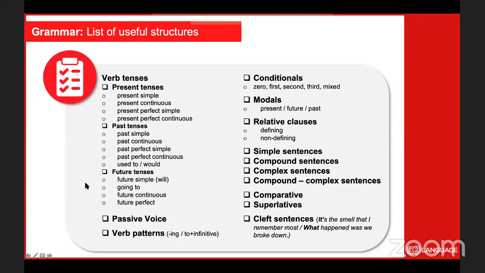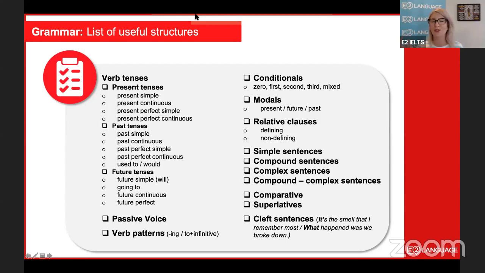So today, if you record yourself speaking, when you listen back, I want you to just think about, did I use all of these tenses? Did I use present continuous? Did I use some present perfect? Did I use past perfect continuous? Now, of course, in a 2-minute speech, you're not going to use all of these, but it's just a good way to prepare for your test.